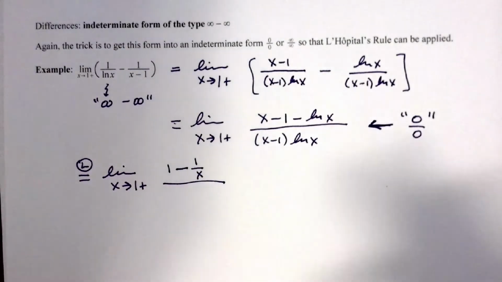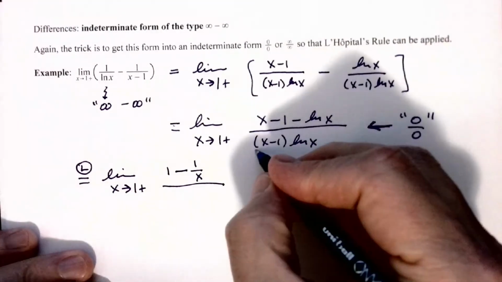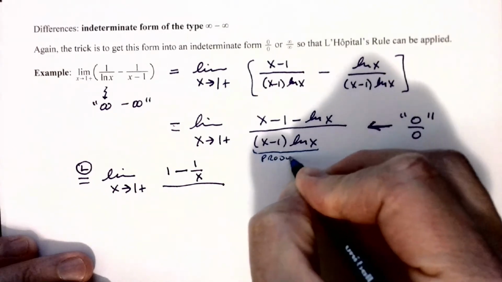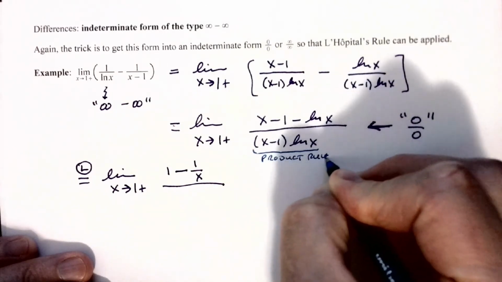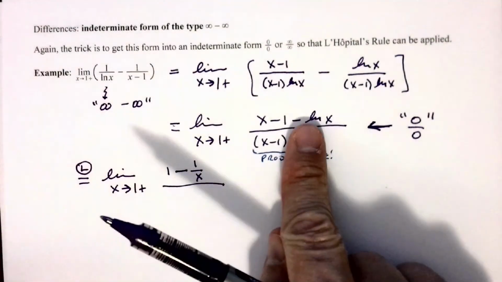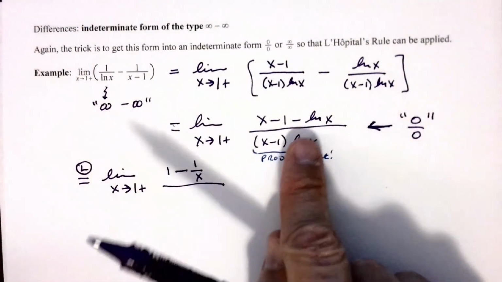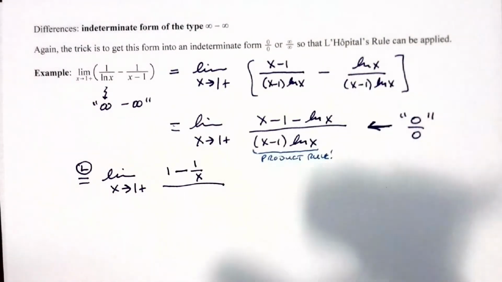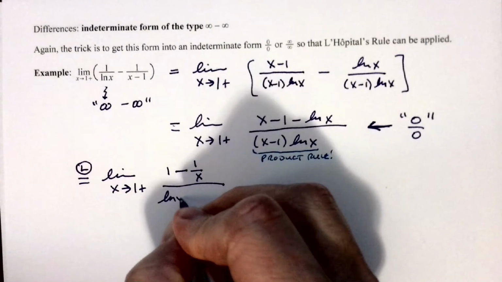Now down here, what do we have? Well, in order to find the derivative here, what am I going to have to use? I'm going to have to use the product rule, don't I? So I take the derivative of x minus 1, which is 1, excuse me, derivative of x is 1, times the natural log of x. That gives me natural log of x.